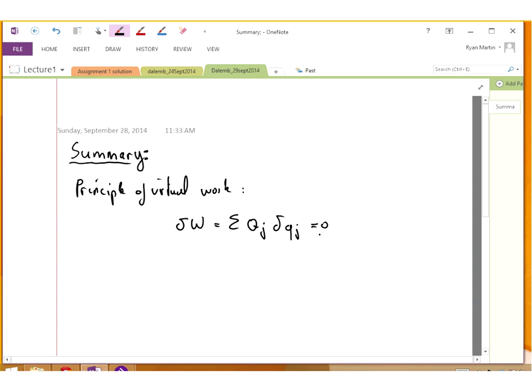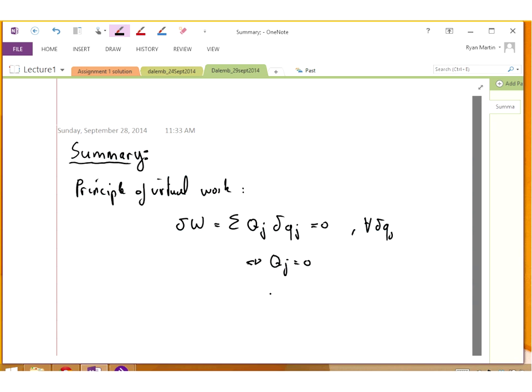And because the coordinates are generalized coordinates, this is true no matter what variation in the coordinates we use. And so this gave us that the generalized forces were identically 0 for a statics problem.